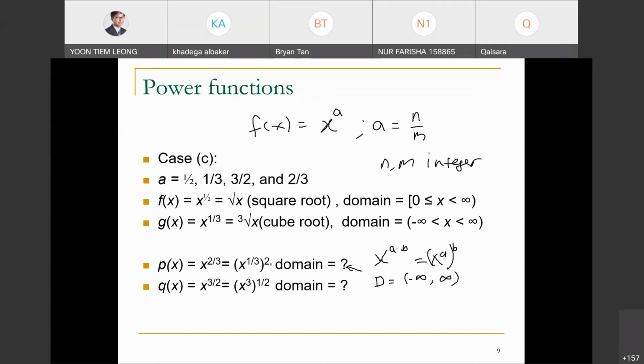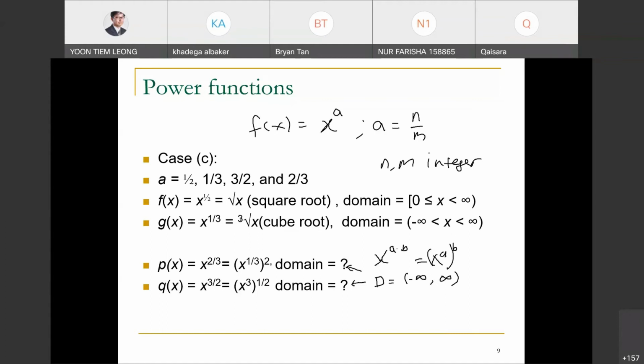The domain of this function x raised to the power of 2/3 is also the same, I think, right? So these are tricky questions, but if you think about it slightly more deeply, you'll be able to understand the range and domain of these functions is for x from minus infinity to positive infinity. Okay, maybe I stop for a while to see if you understand this slide.